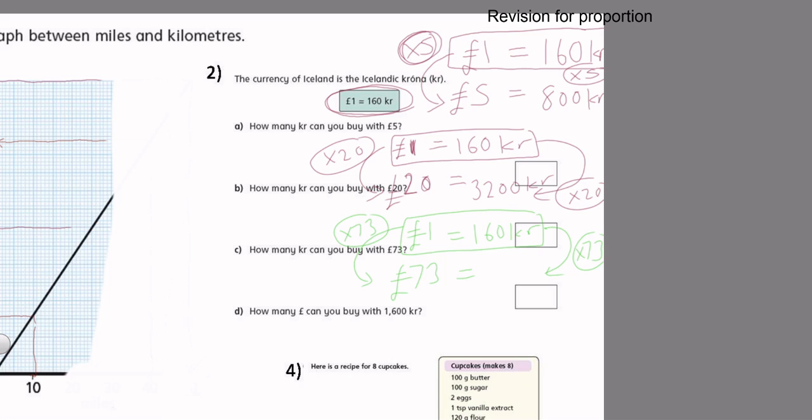Just for illustration, because I'm making a video here, I'll do this calculation quickly on the calculator. 160 times 73. That's 11,680 kronas.